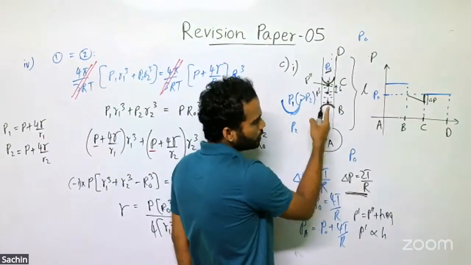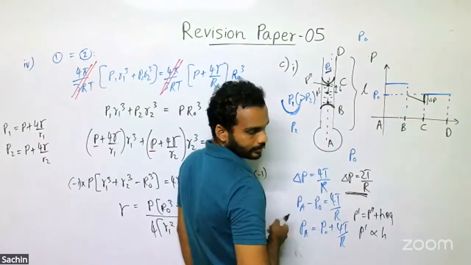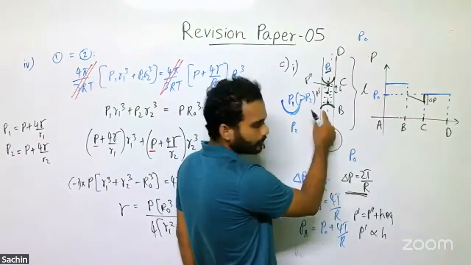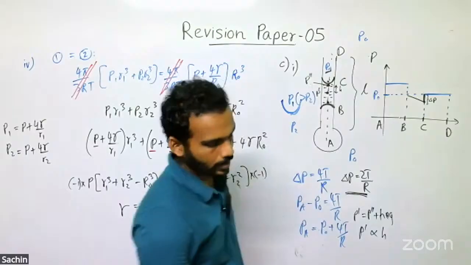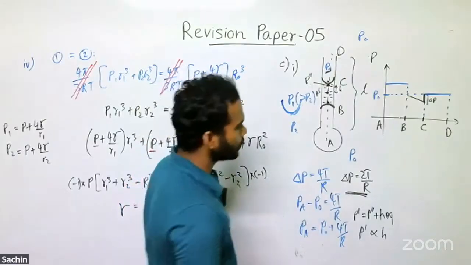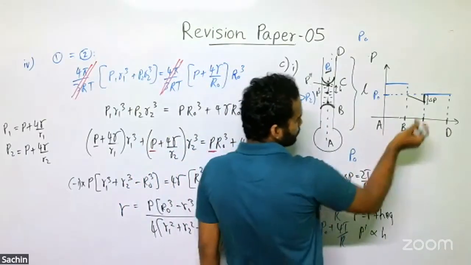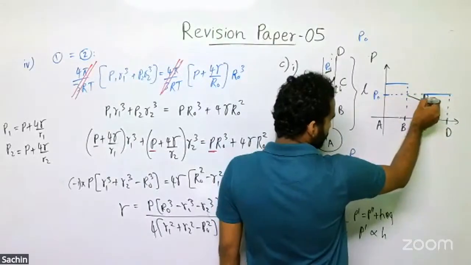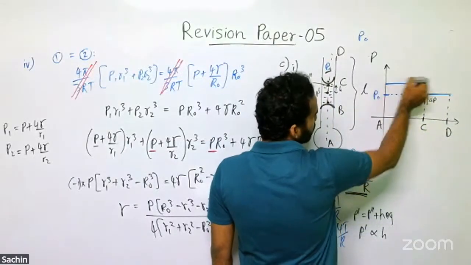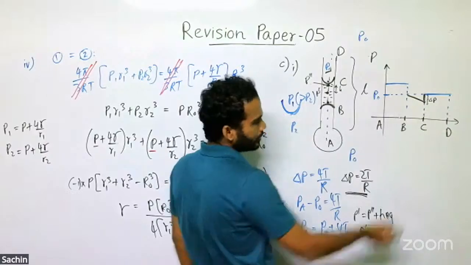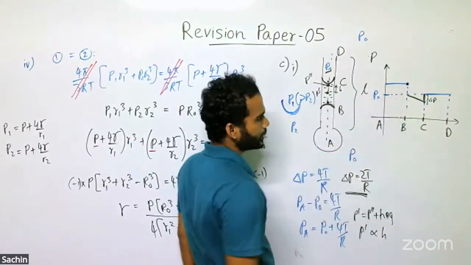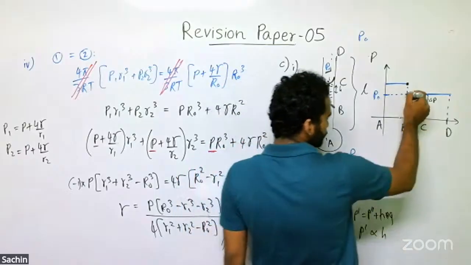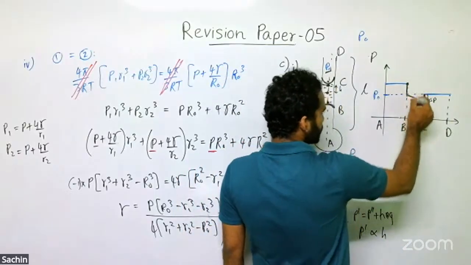obviously by just looking at the curvature, you can conclude the pressure below is higher than the pressure above the meniscus. That means even if it increases, it will not increase up to this pressure here. When you reach any meniscus, there will be another pressure drop like this.